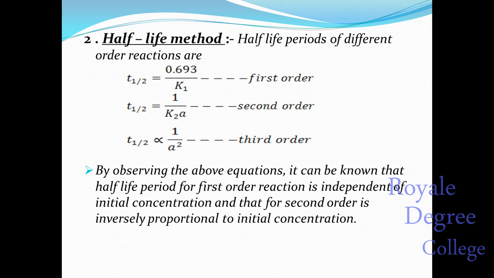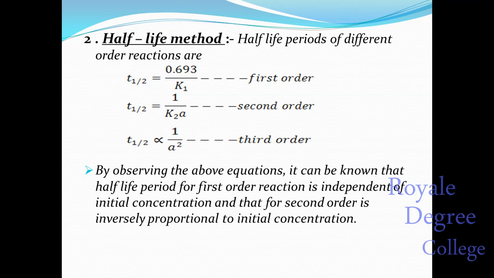Second method we will see is the half-life method for the determination of order of a reaction. Half-life periods of different order reactions are: for the first order reaction, half-life period is t half equal to 0.693 by K1. For second order reaction, half-life period is t half equal to 1 by K2a. For third order reaction, half-life is inversely proportional to a square, that is, t half is inversely proportional to a square.